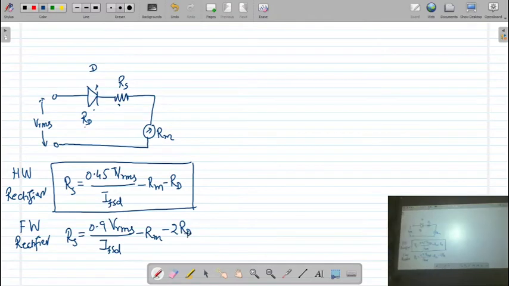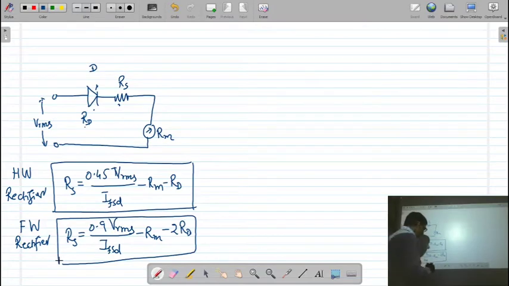Remember. Why minus 2Rd? Because in a bridge rectifier, the two diodes are in forward bias and the two diodes are in reverse bias. So whatever the current is going to flow, the current will flow through the two diodes. So we have to consider the forward bias resistance of both the diodes, and therefore for the bridge rectifier circuit, the formula is this. So you have to remember these two formulas for the numerical.